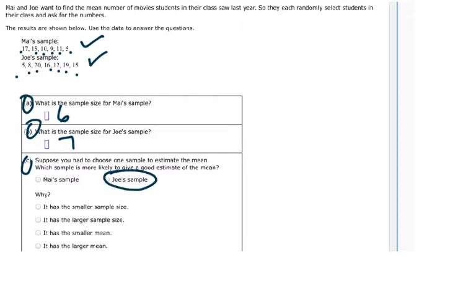It's because it has a larger sample size. So that's all you would look at. We didn't calculate the mean, so we don't know what that is. You could. But if it has a larger sample size, it's more accurate. So that's all we're looking at there.